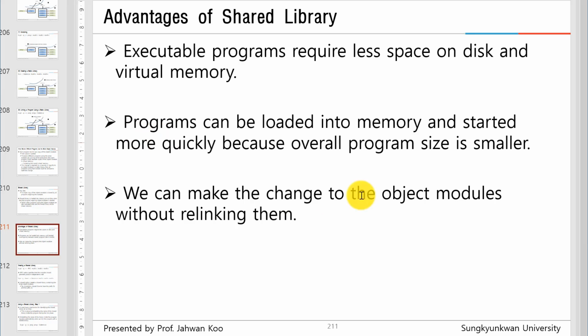It is because the shared library is already in use by the first program. So the programs can be loaded into memory and started more quickly. There is another advantage. It is possible to make changes to the object modules without requiring programs to be relinked in order to see the changes.